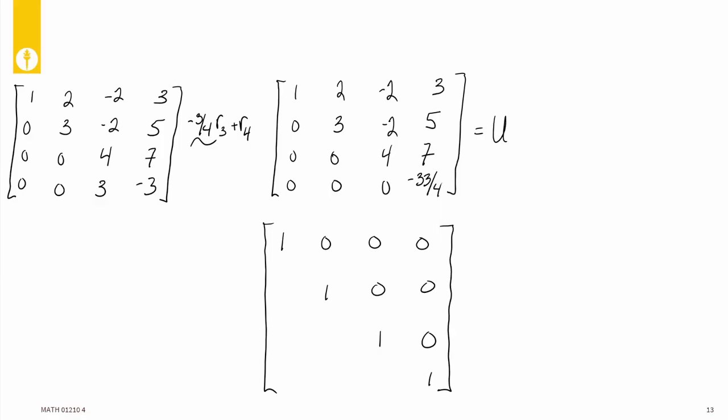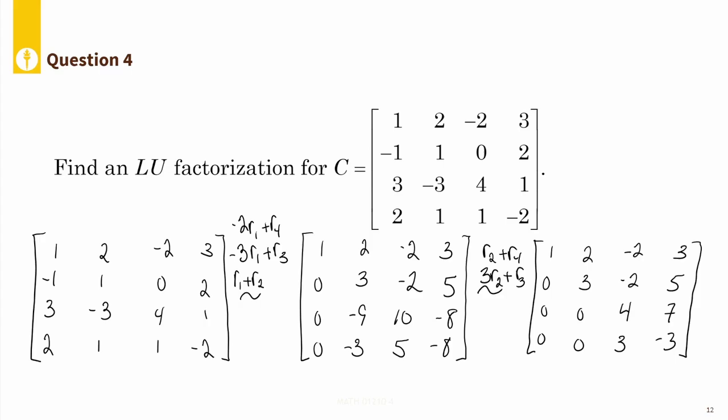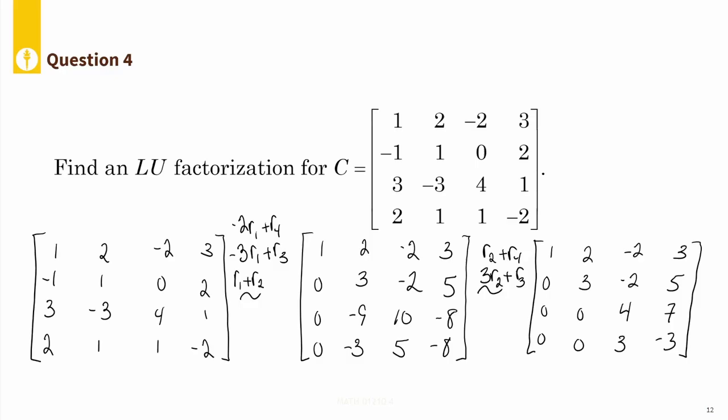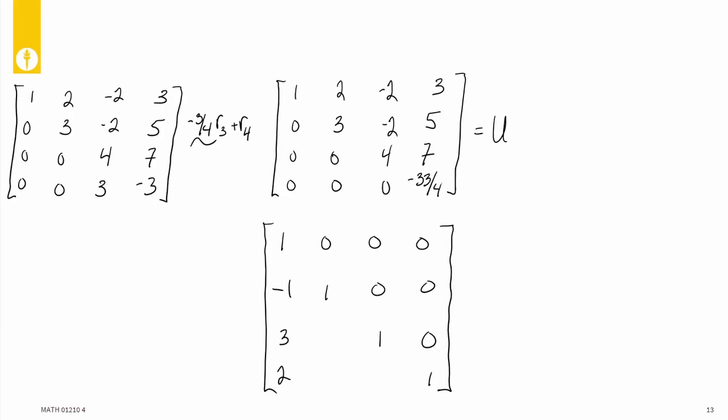And then L, just go in reverse order. -1, 3, 2 for column 1. -3, 1, or negative, sorry, what's going on?